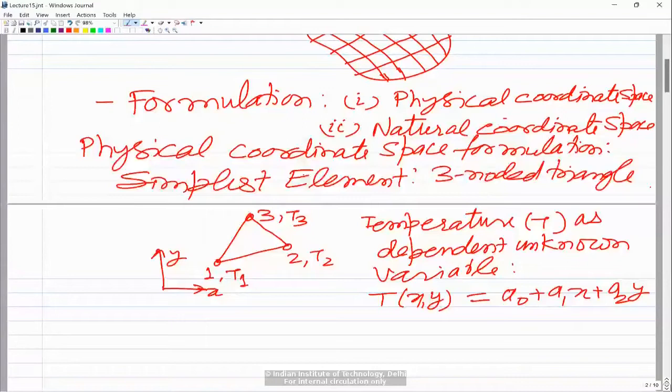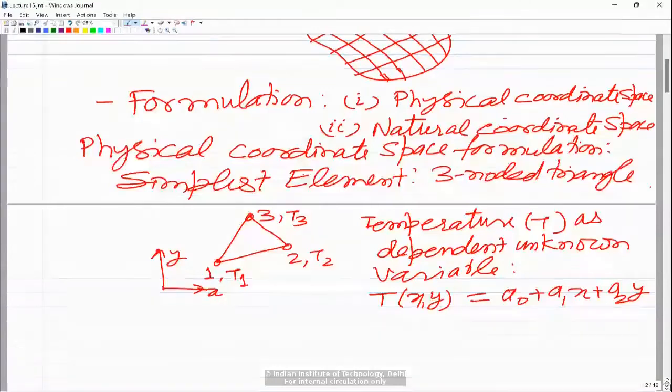The geometric invariance meaning is, now we have assumed this as an approximate solution, and if we interchange x and y, the form of the solution would not change. There is a constant term, a term linear in x, a term linear in y. So the form remains the same. So this satisfies the criteria of geometric invariance.